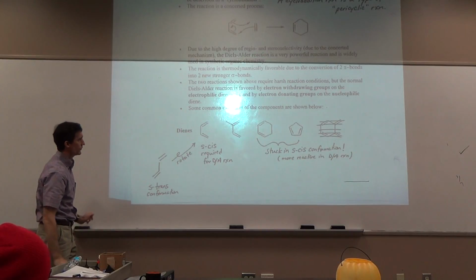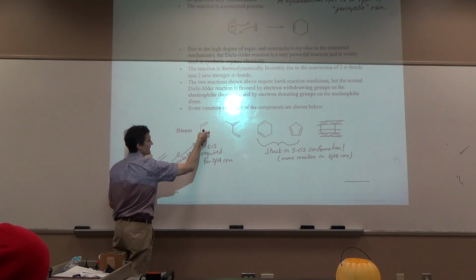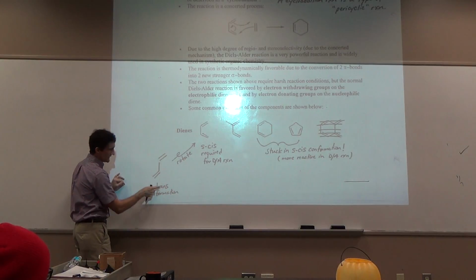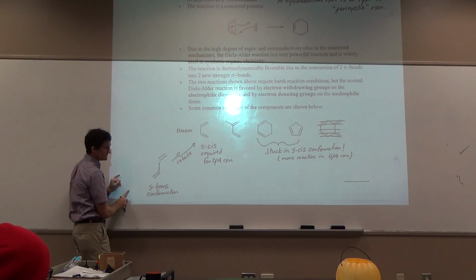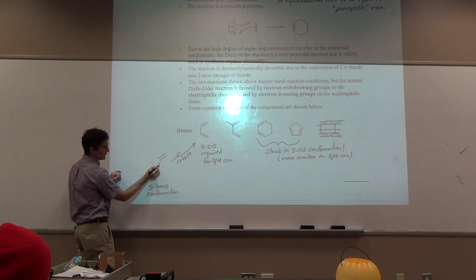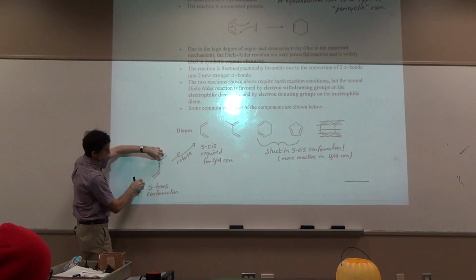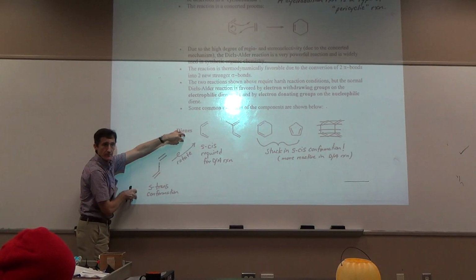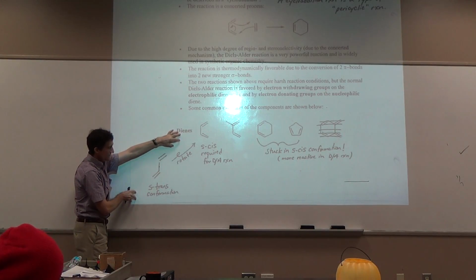What is the S-cis form? Well, consider this. This is drawn in the S-trans form, and this is drawn in the S-cis form. The S means single bond. About the single bond it is trans, because if you look right here, this alkene is going this way, and this alkene is going this way. So that's called S-trans.